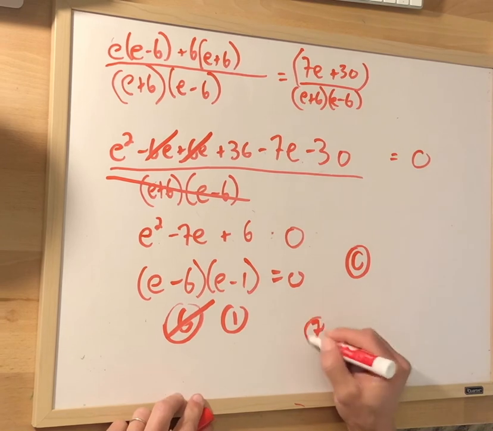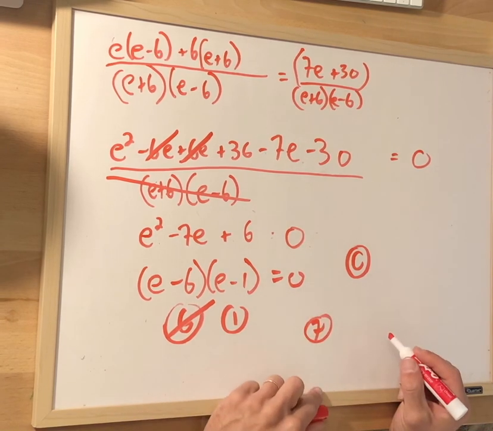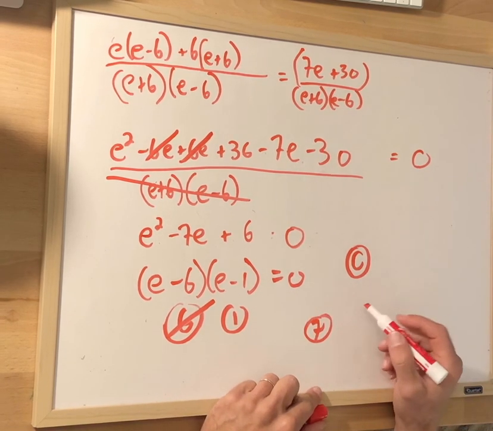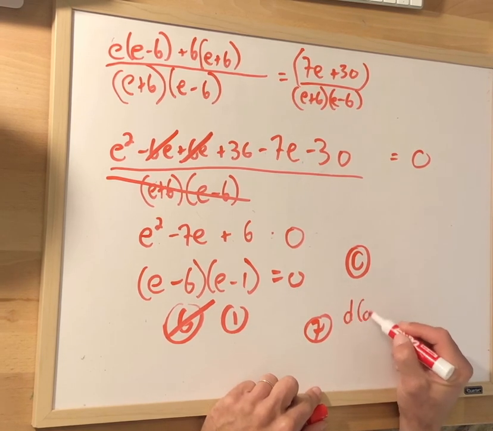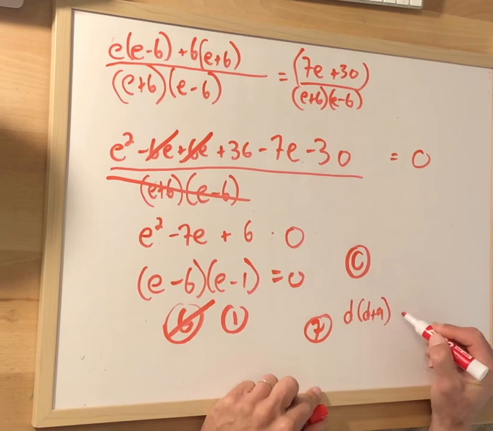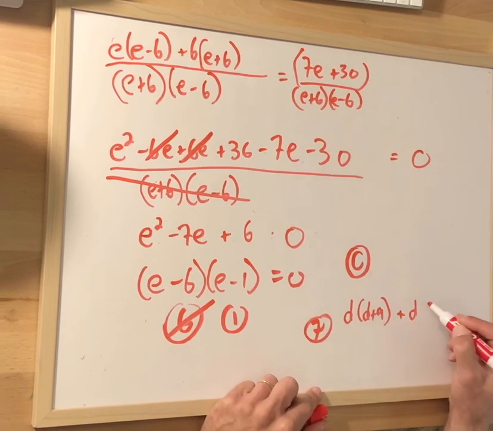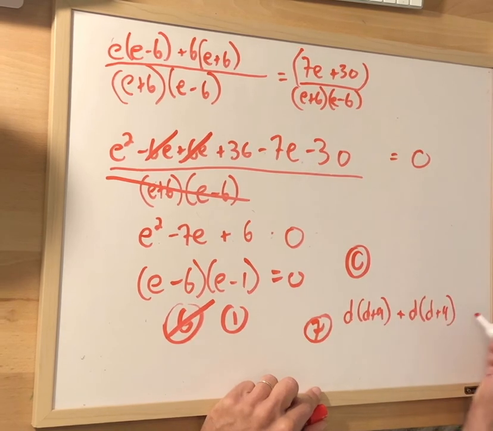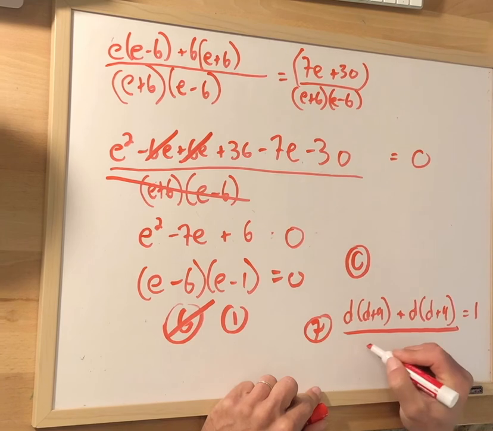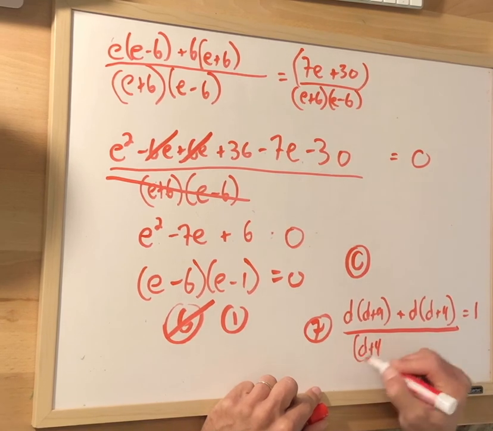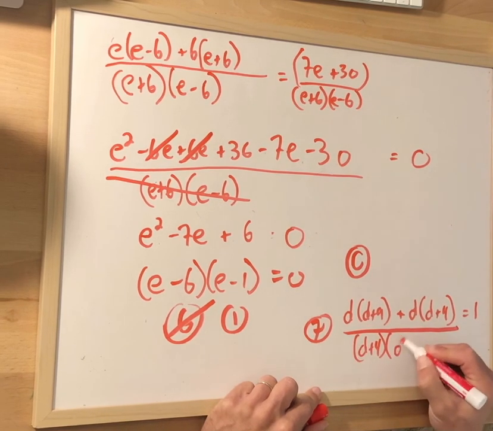I'll do 7 right here. The denominators are different. So you're going to have to multiply this d times d plus 9. And then you're going to have to multiply this d by d plus 4 equals 1. All over d plus 4 times d plus 9.